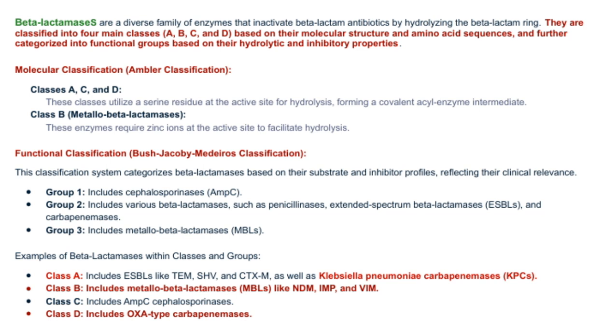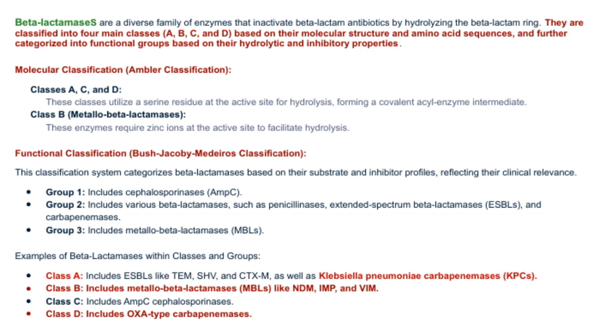To give you some concrete examples, within Class A, we find ESBLs like TEM, SHV, and CTX-M, which are notorious for breaking down many beta-lactams. We also have Klebsiella pneumoniae carbapenemases, or KPCs, which are a big concern because they can inactivate carbapenems. Moving to Class B, the MBLs include enzymes like NDM, IMP, and VIM.